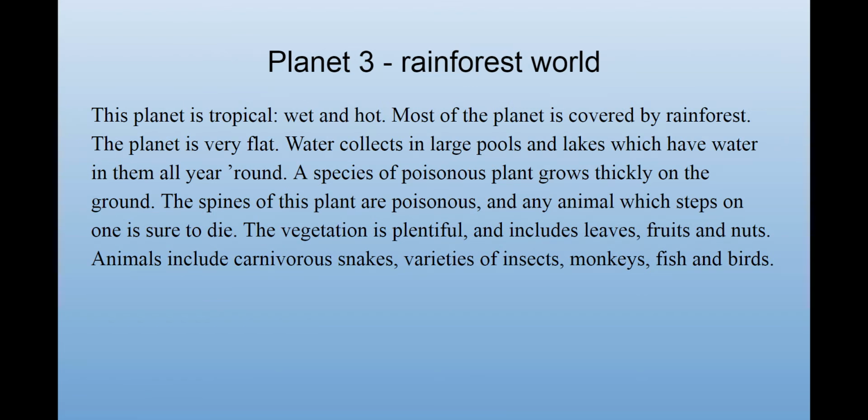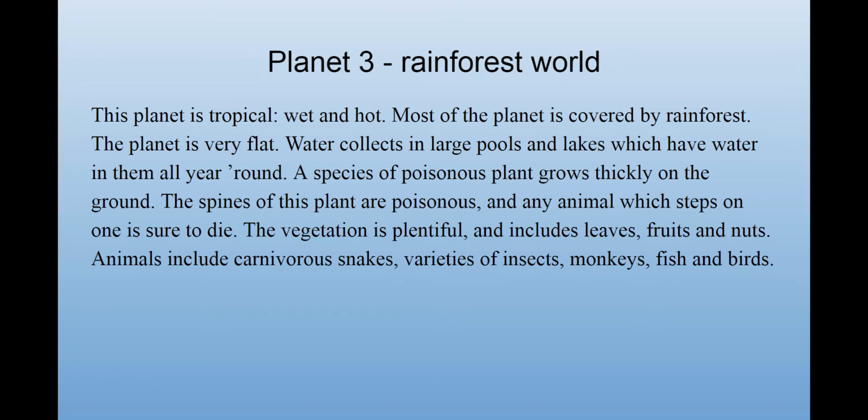Planet 3, rainforest world. This planet is tropical, wet, and hot. Most of the planet is covered by a rainforest. The planet is very flat, not a lot of mountains or valleys. Water collects in large pools and lakes, which have water in them all year round. A species of poisonous plant grows thickly on the ground. The spines of this plant are poisonous.